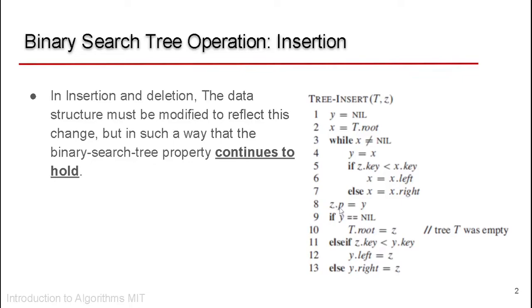Just a small note here: in this reference, they also have a parent inside the struct. Usually we have left and right pointers to point to the children. You can also add an additional pointer called parent, so a node can know who its parent is.